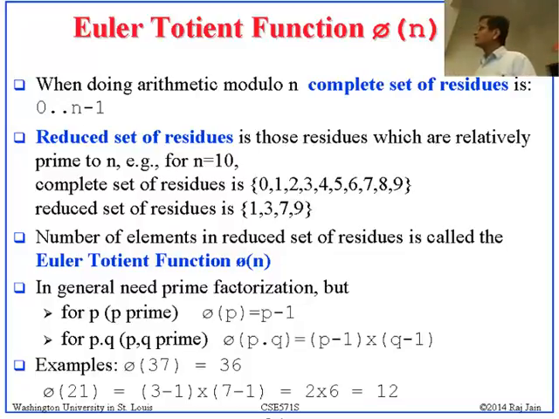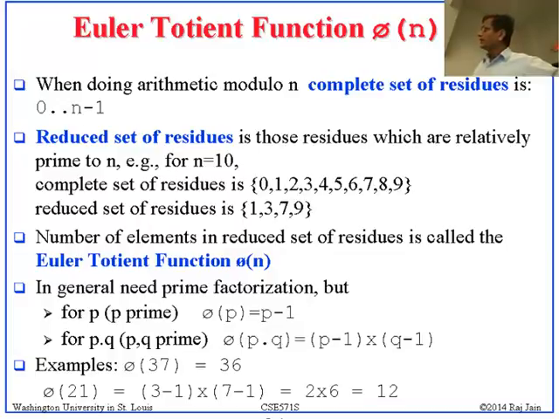However, if you cross out the things which are not relatively prime to 10, so 2 is not relatively prime because they have a greatest common divisor other than 1. So 2 is not, 4 is not, 6 is not, and 8. You cross out those, and 0 is basically 10, so that is crossed out as well.